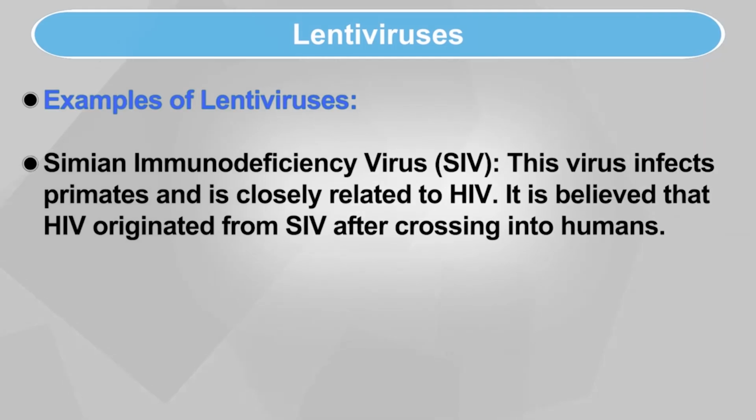The second one is simian immunodeficiency virus, also called SIV. This virus infects primates and it is closely related to HIV. It is believed that HIV originated from SIV after crossing into humans.